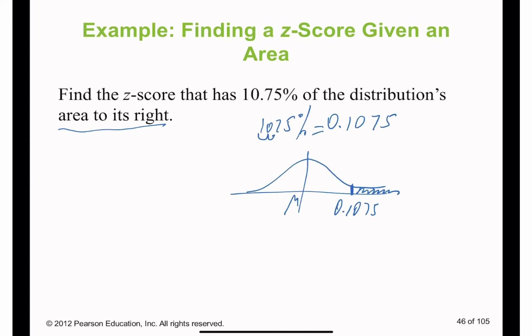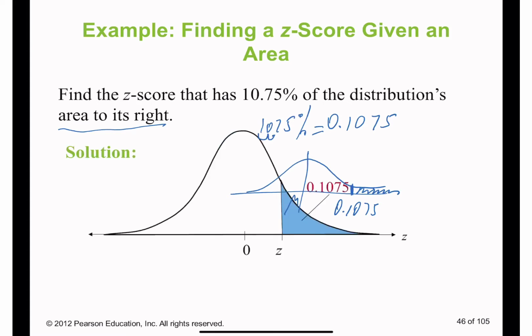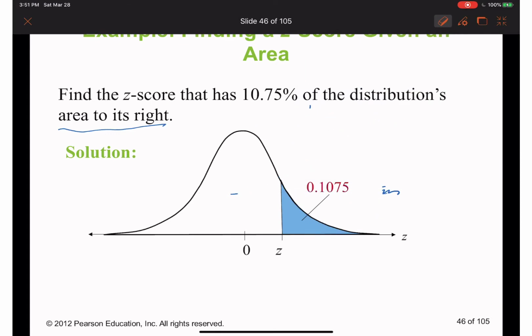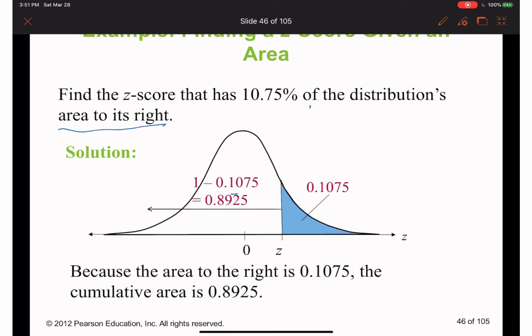Remember what we have to do? We need to find the area to the left, right? So we're going to find the probability of the z-score that is equal to question mark, and that equals 0.8925.